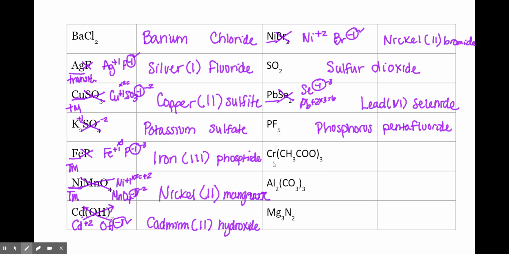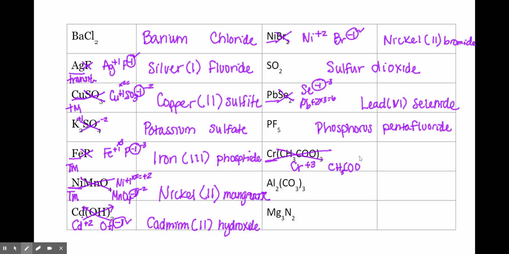Our next example is Cr, which is chromium. Chromium is a transition metal, so I have to cross up the charges. Cr is plus 3, CH3COO.